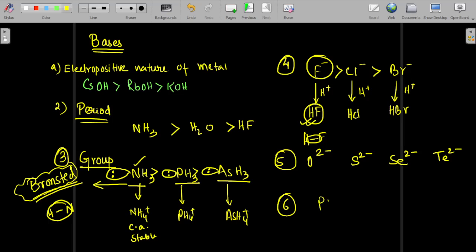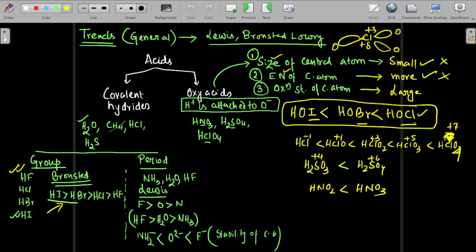Which will be a better base? PH3 or P2H4? Now in this case, the central atom is the same. Whenever the central atom is the same, you have to go for which concept? You have to go for the oxidation state concept. Because if the oxidation state is more, then your acidic character will be more.